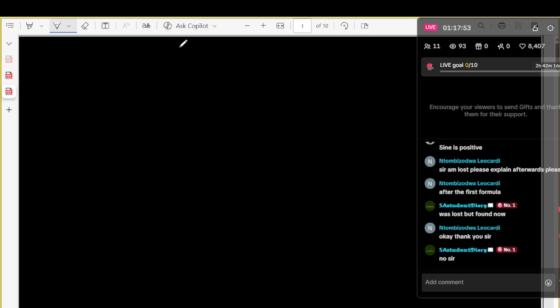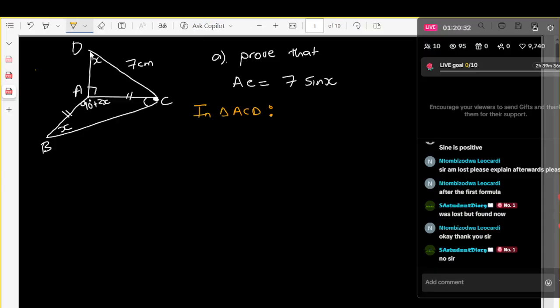I can say the sine of x, because I'm looking for x. So if I use this angle, which one is my adjacent? This will be my adjacent, this will be my opposite, this will be my hypotenuse. You need to be very careful when you choose your adjacent. It depends on the angle. This is my angle, so my adjacent will be AD.